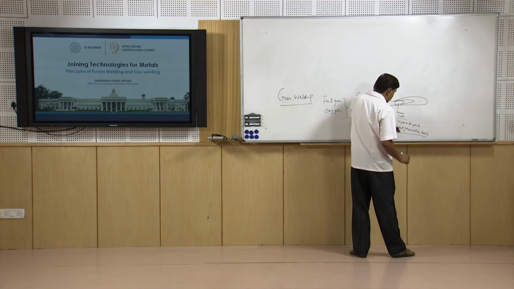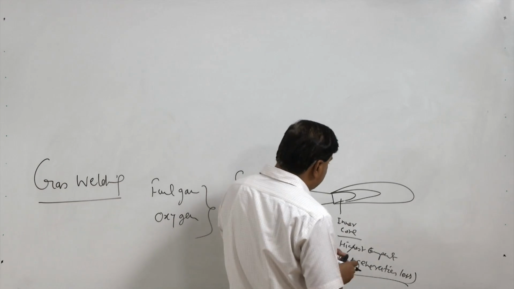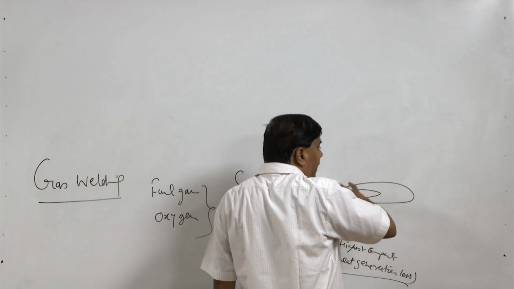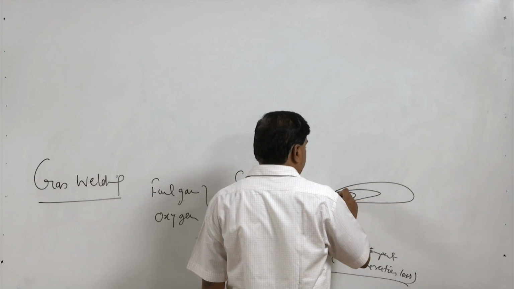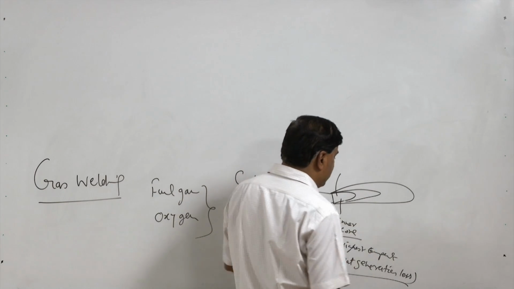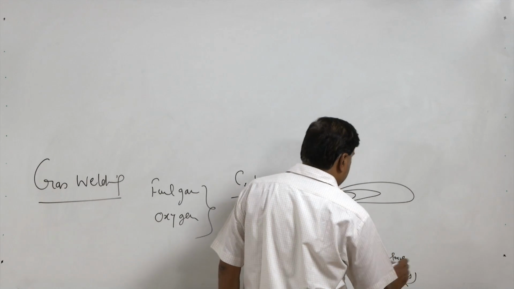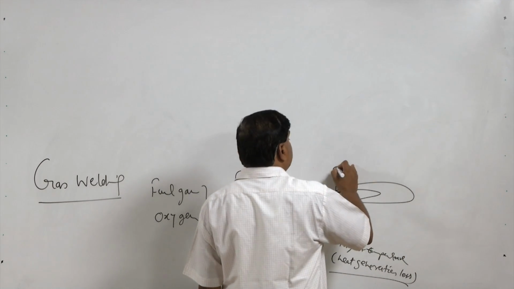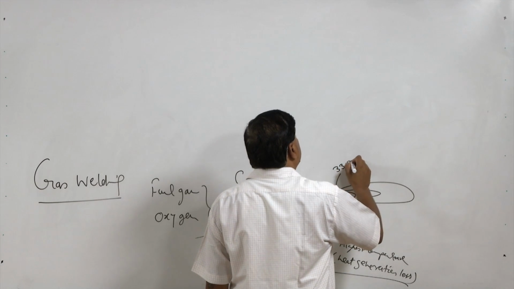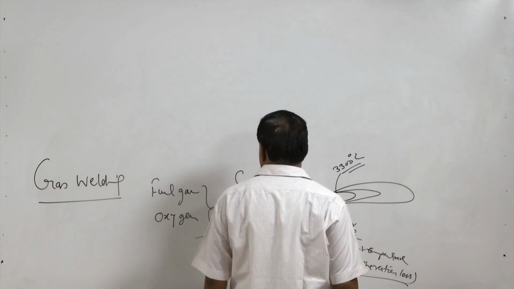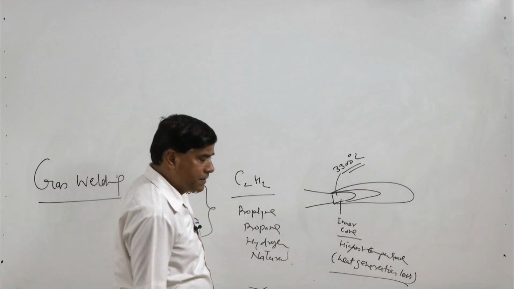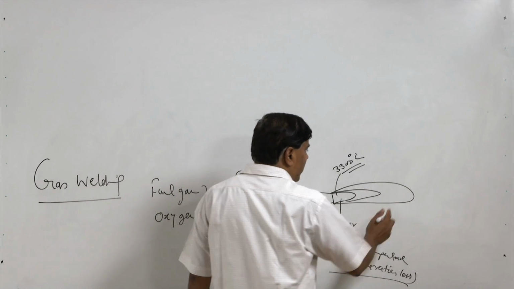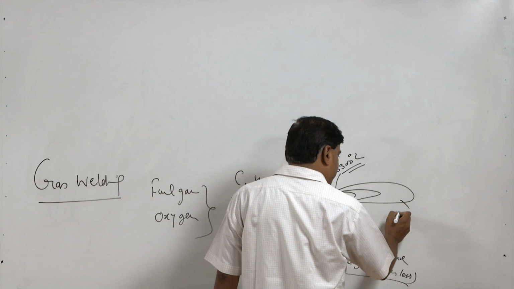So, here heat generation is less, but since this zone is small in size and it is covered with high temperature gases, the temperature in this zone is high, and this can range to, say, 3300 degree centigrade in case of the oxyacetylene gas welding process, while the temperature of the outer flame is somewhat lower.